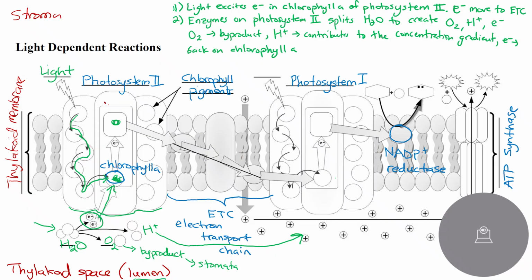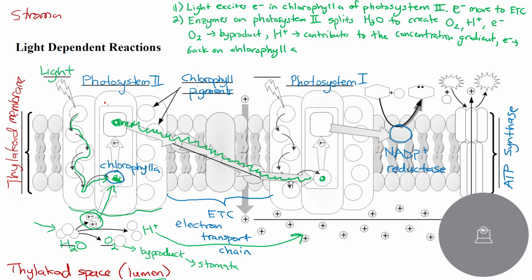So we have the two steps there. Let's continue. The electrons again are here. The electrons are very high energy, and as they move through the electron transport chain, they become low energy as they are accepted by chlorophyll A on photosystem 1. So there's that loss of energy, but remember, the law of thermodynamics states that energy cannot be created or destroyed, simply transformed.